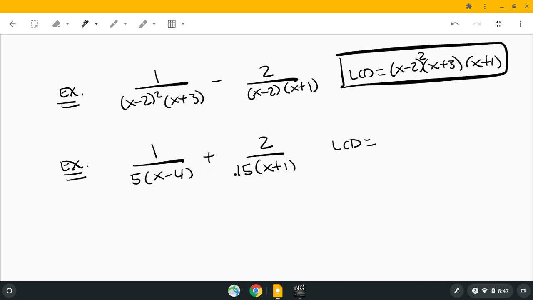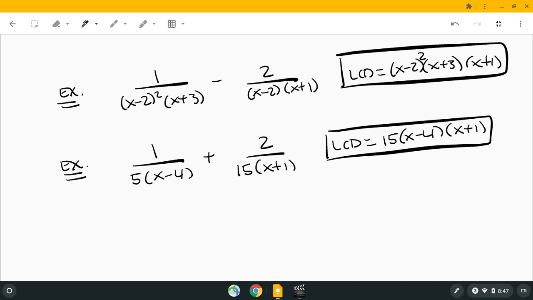So between 5 and 15, the LCD would be 15. Then you continue on with your family of factors. We see the family x minus 4, and we see the family x plus 1. We don't see any exponents, so this is our LCD.